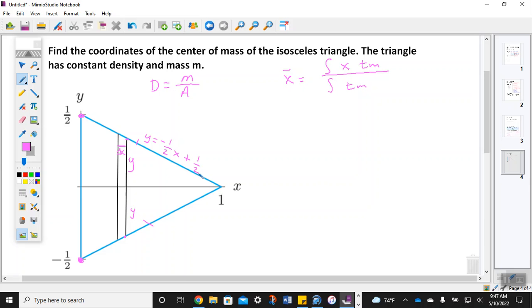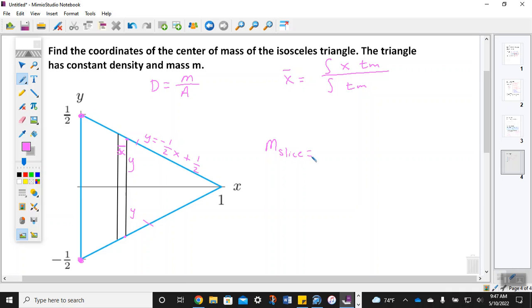Okay. Let's see if we can come up with the mass of a slice right here. We know the mass of a slice would have to equal our density times our what? So our density.